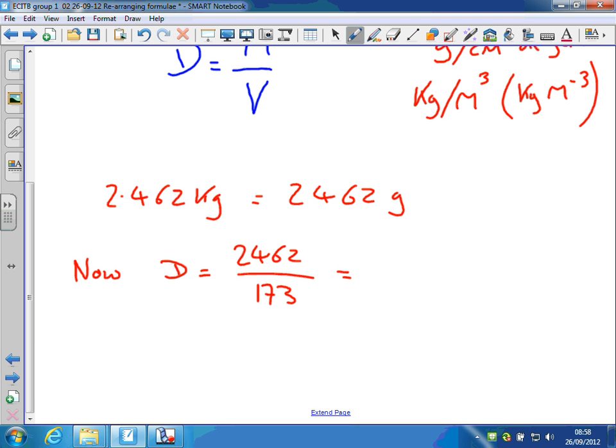Now get my calculator out and work it out. So that was quite an awkward question because I threw that little curveball in there. Okay, 14.23 to 4 significant figures. And the unit? Right. So 14.23 grams per centimetres cubed to 4 significant figures. Good.